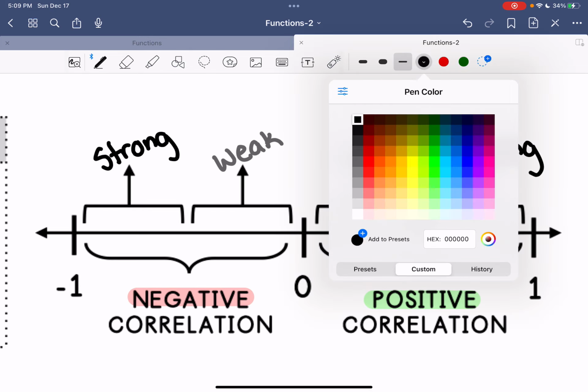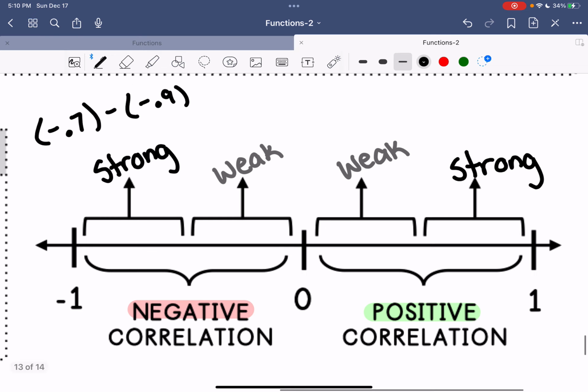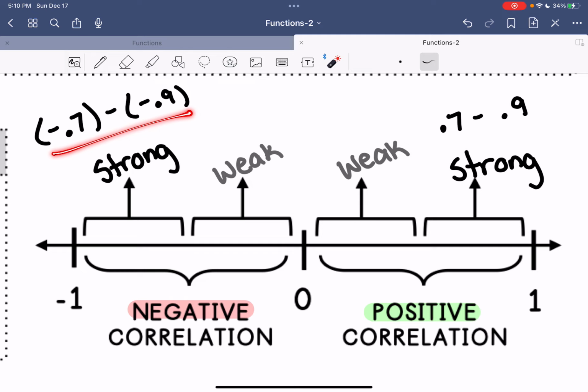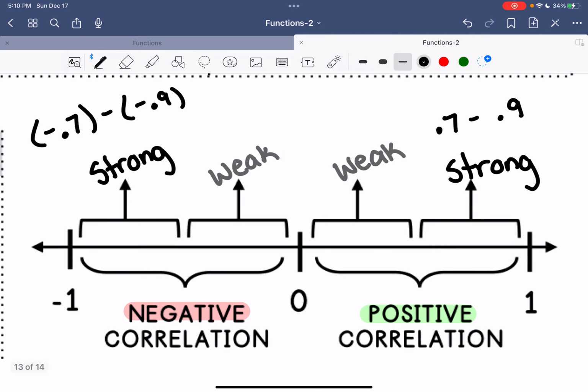Strong R values tend to fall somewhere around 0.7 to 0.9, and that can be -0.7 to -0.9. Negative does not mean weak. It could be a strong negative, or it could be a strong positive correlation. It can also be weak.